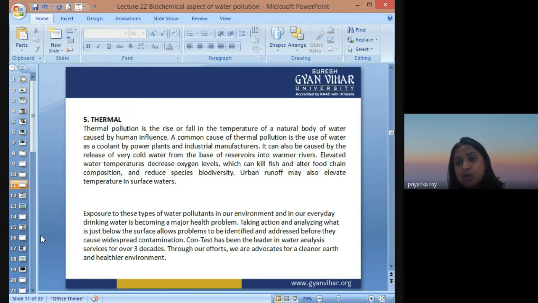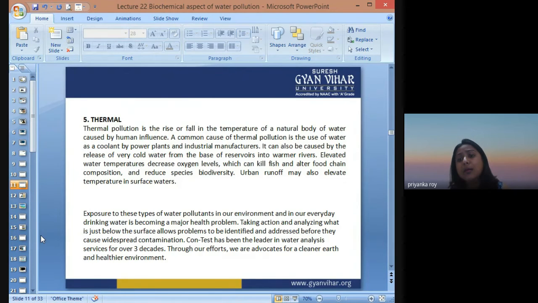It can also be caused by release of very cold water from the base of a reservoir into a warm river. Elevated water temperature decreases the oxygen level, which can kill fish, alter food chain composition and reduce species biodiversity.